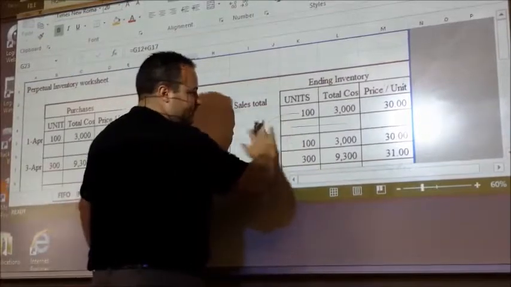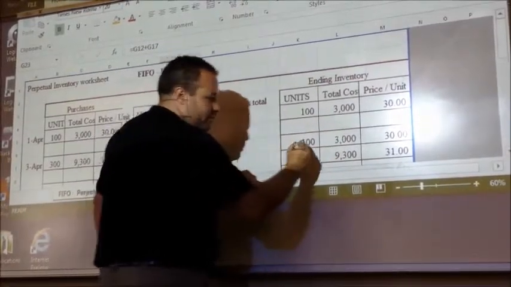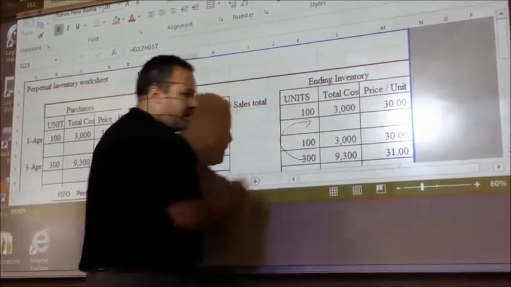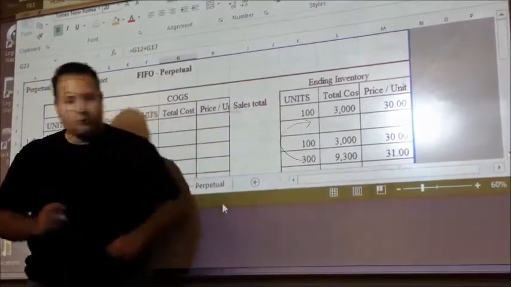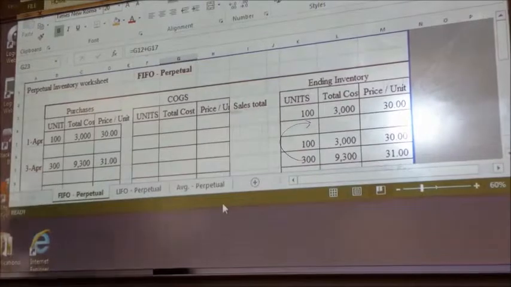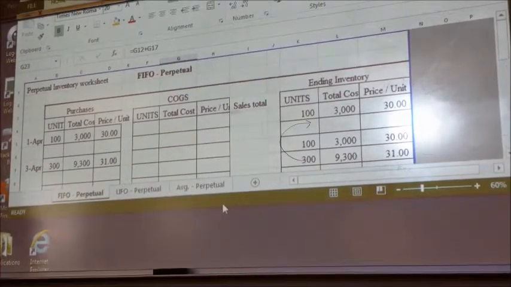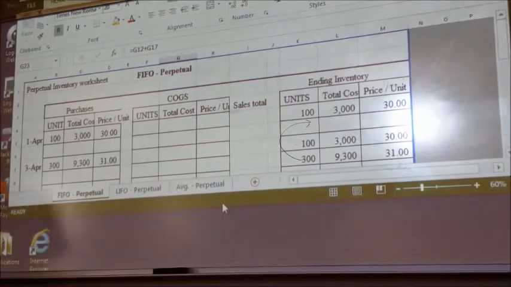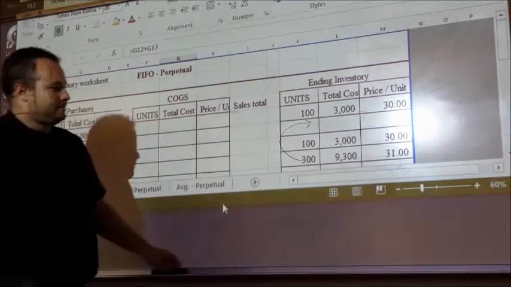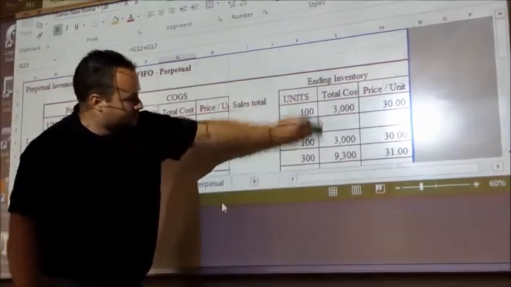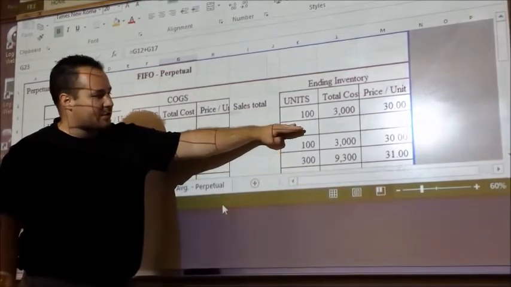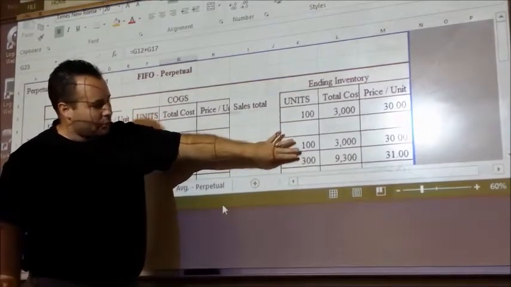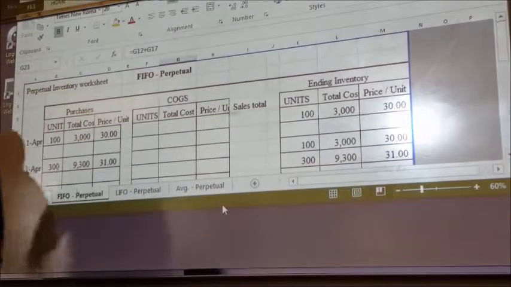Or, if you wanted to save a little room, you could just put this one right up here and show that you have the old 100 and the new 300 as well. Either way is okay. If you do decide to bring them both down, leave a space so you can definitely know that this is a new grouping.